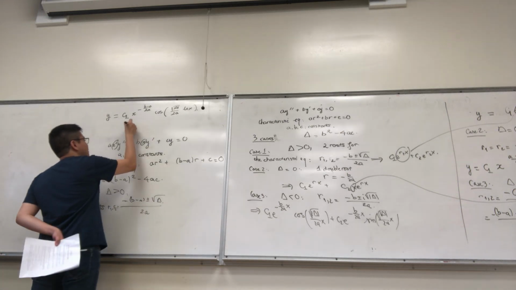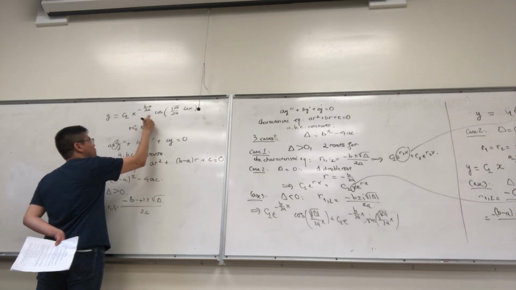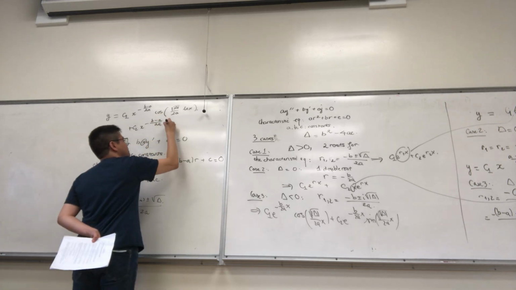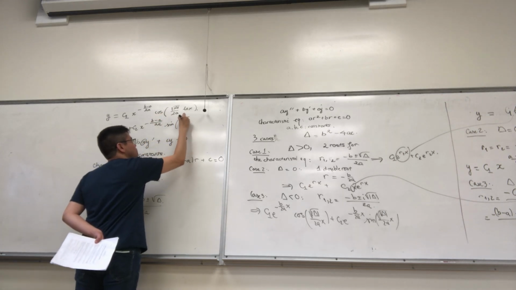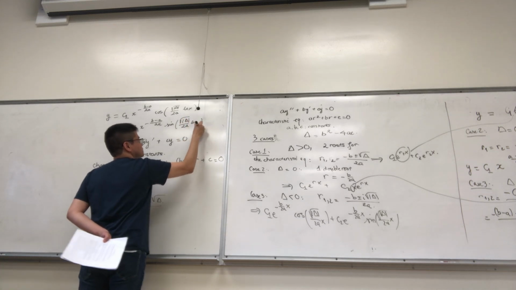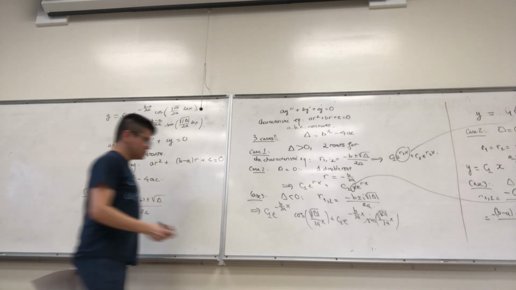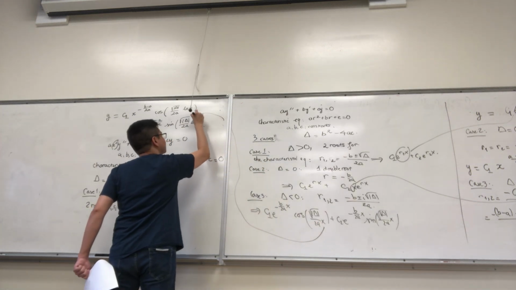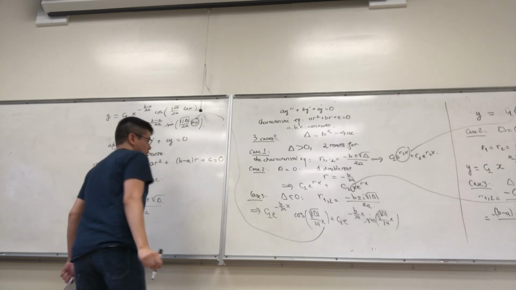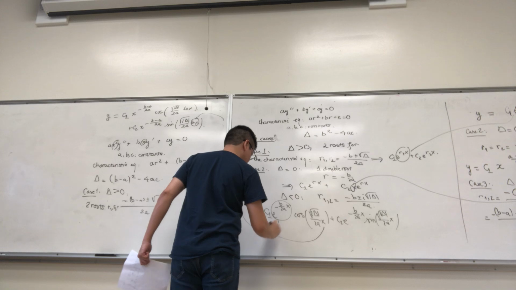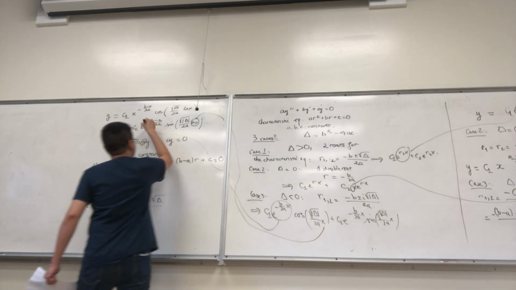Then you have c2 x to the power minus (b minus a) over 2a, sine of square root of delta over 2a log x. So you replace the x by the log x, and you replace the exponential by the polynomial.